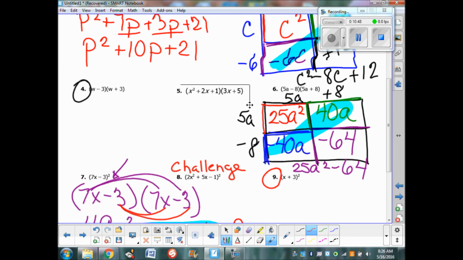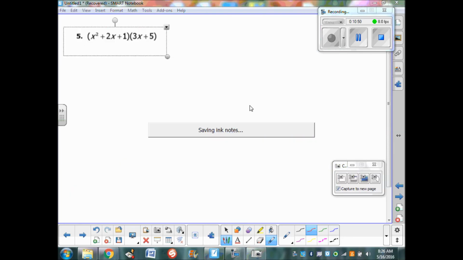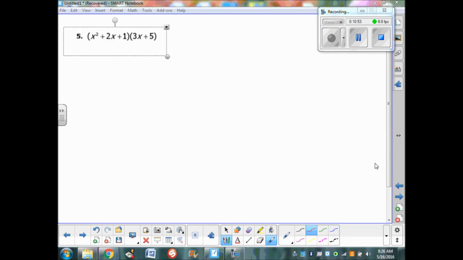Now, number 5 looks a little bit different. It's a trinomial times a binomial. So it's tri times bi. So really, instead of considering this to be double distributing, this is technically triple distributing. Now, that's a lot. So when I have a trinomial times a binomial, I use the graphic organizer.